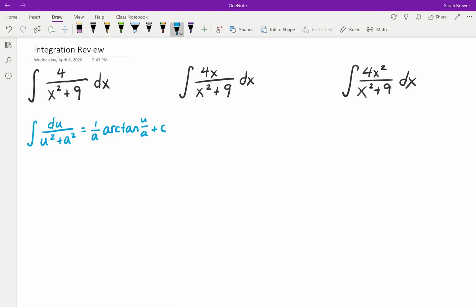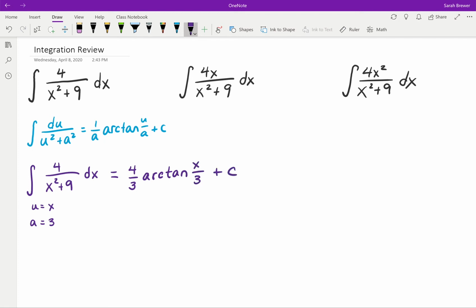So here, the integral of 4 over x squared plus 9 dx, our u is equal to x, our a is equal to 3, because 9 is 3 squared, and that 4 is just behaving like a constant multiple. So this is just going to be 4/3 arctan x over 3 plus c. So that one's pretty simple.